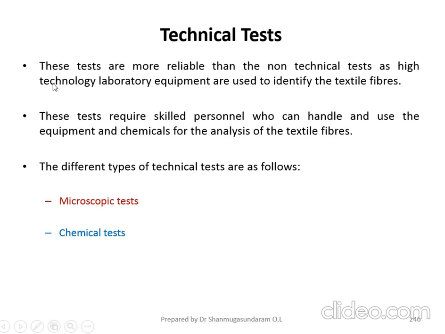Similarly, one has to have some equipment knowledge in order to perform the microscopic test. So there are different types of technical tests as follows. One is the microscopic test, the second one is the chemical test. That is the reason why I told you some skill is required to handle this type of equipment and chemicals.